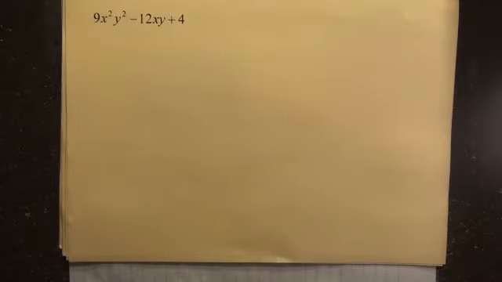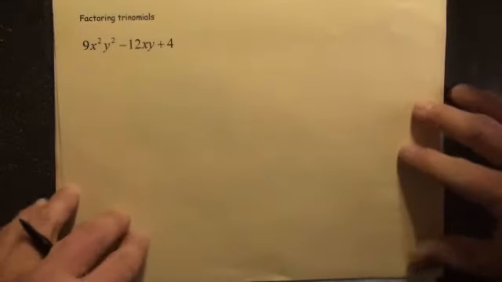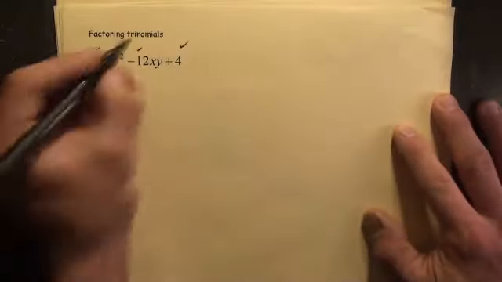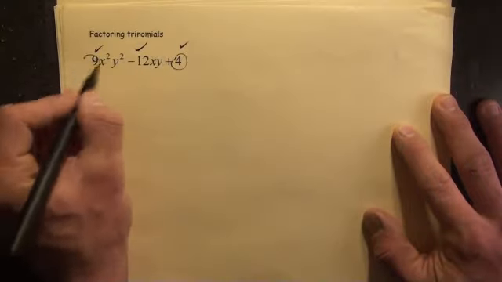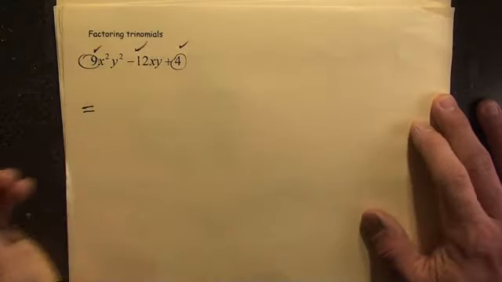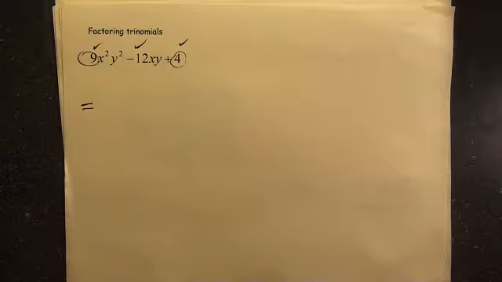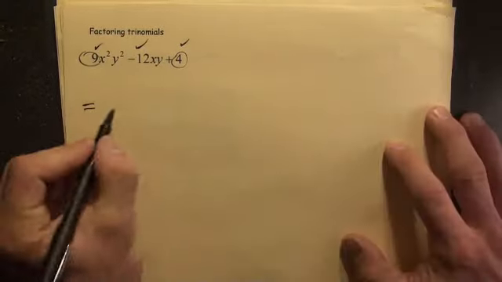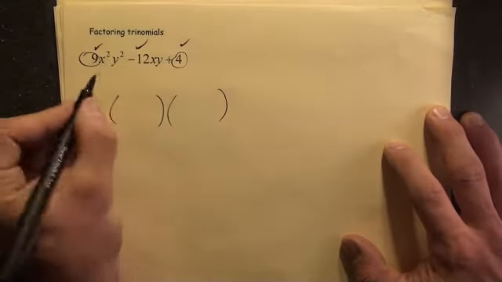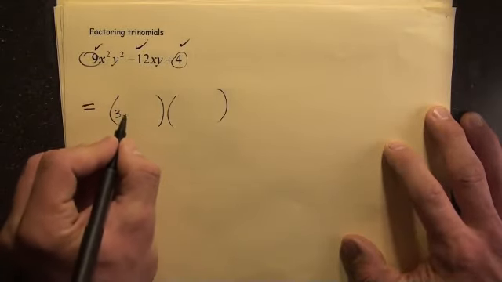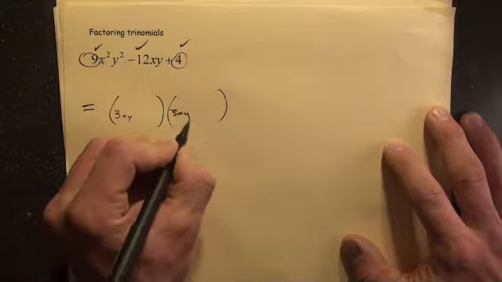Alright, here's a special case as it turns out. Because now, you'll see this too when this pattern comes up, that you have a 9, a 12, and a 4. Whenever you see these two as perfect squares, you should be looking for perhaps a perfect square trinomial. Okay? Now, because we have a perfect square, let's try it as 3xy and 3xy.